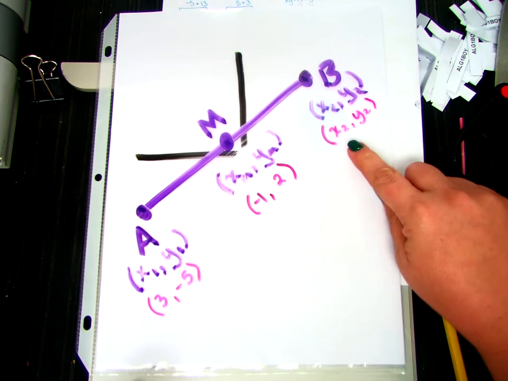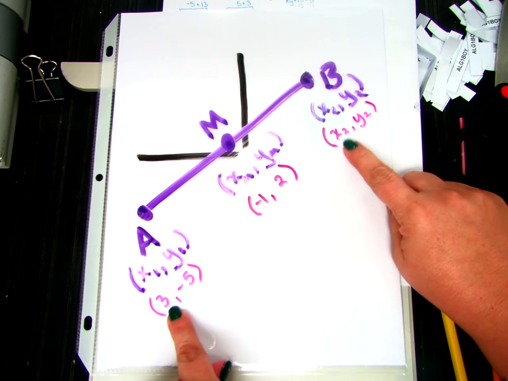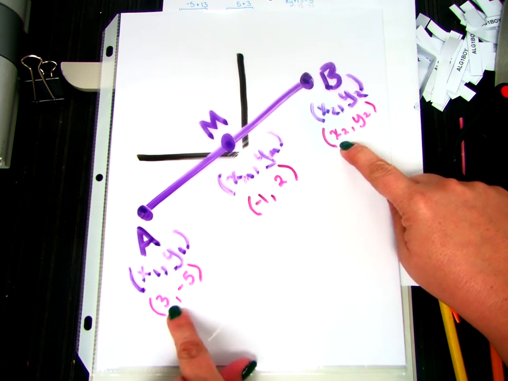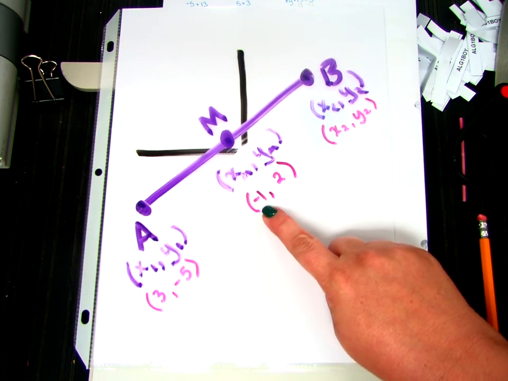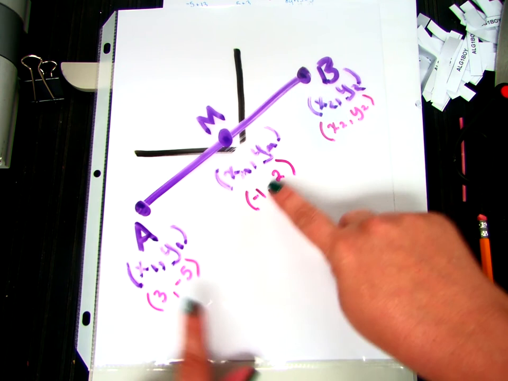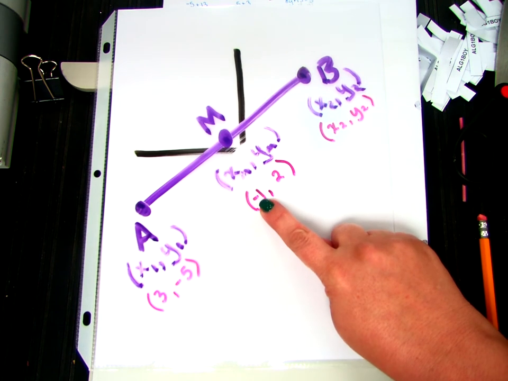I know if I average the 3 and whatever this x2 is, if I add those together and divide by 2, it's going to give me what? Negative 1, right? If I average these two together, it should give me this negative 1. Okay?